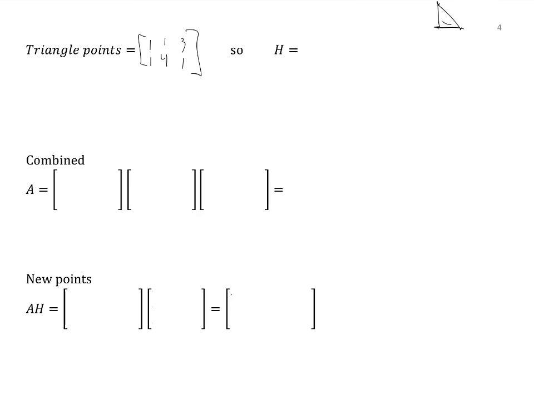Okay, so there's our little triangle and our 3 points. If we have them in homogeneous coordinates, that would be 1, 1, 1, 1, 4, 1, and 3, 1, 1. Because remember, h is always going to be 1, and our coordinate is, of course, x, y, h in homogeneous, and h is always 1.